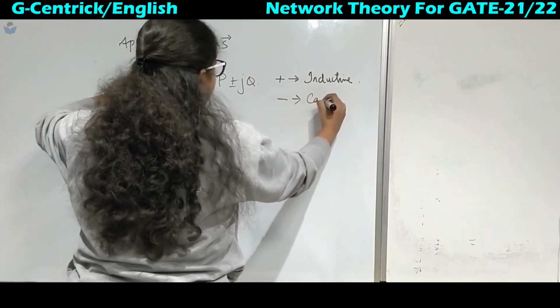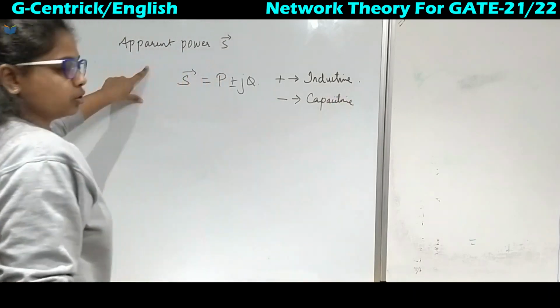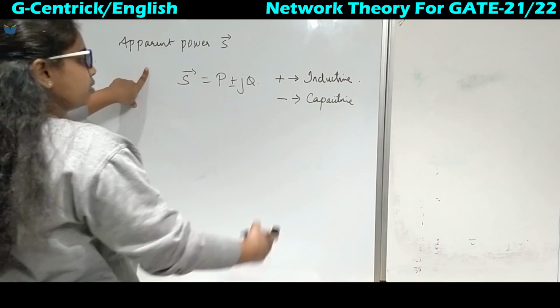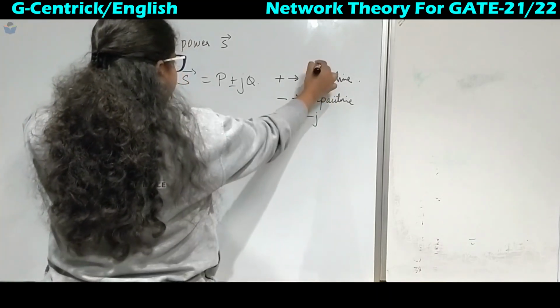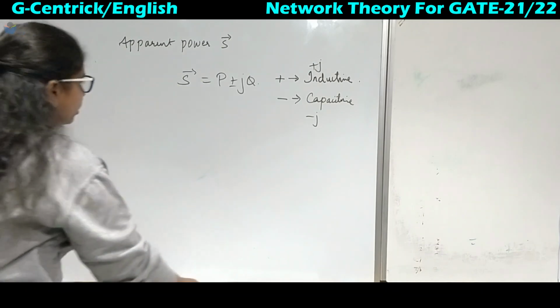We use minus for capacitive, when the capacitance is dominating, because we get minus j for one and plus j for the other. So that was about the apparent power.